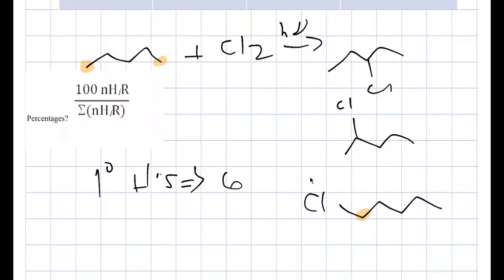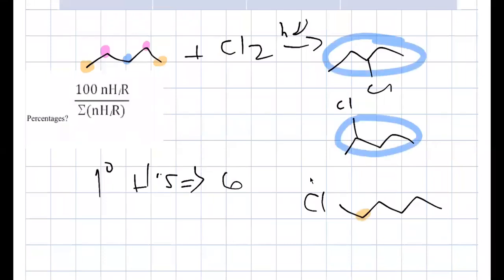What about secondary? You've got 3 secondary sites. But remember, we said that 2 of them were the same, here and here, and then 1 of them was different. Do y'all remember that? So we could do it, but I want to break them apart. I don't want to combine them because I want to be able to say with specificity how much of this product I get right here versus this product.